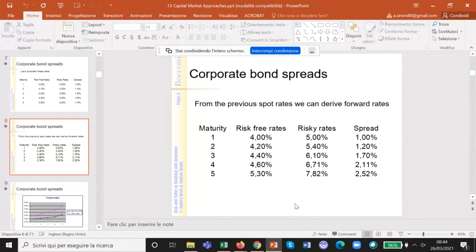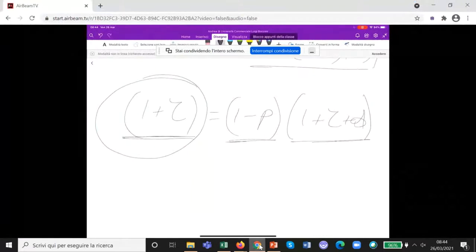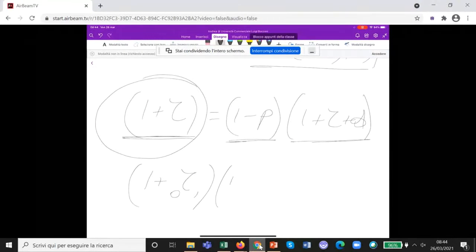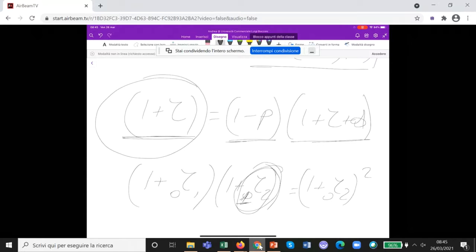Okay, for the very simple reason, as you well recall, that basically 1 plus the interest rate from 0 to 1 times 1 plus the forward rate from 1 to 2 is equal to 1 plus the interest rate from 0 to 2 squared. Okay, so we can take that out, and of course, if the rates are increasing, this would be above the 2 year rate.